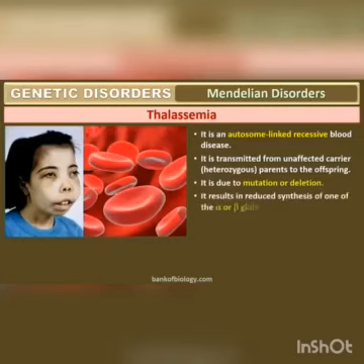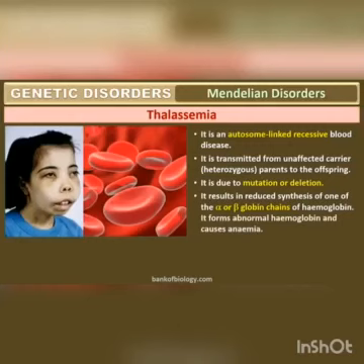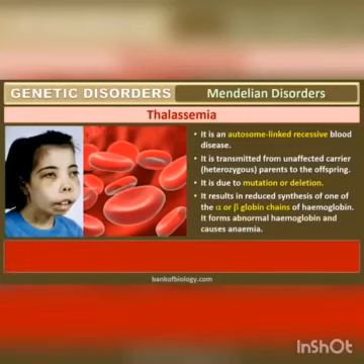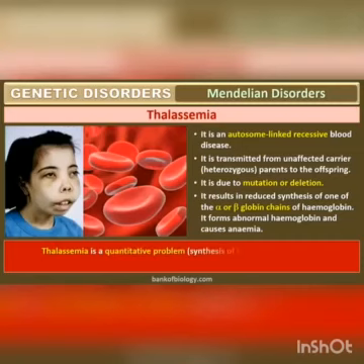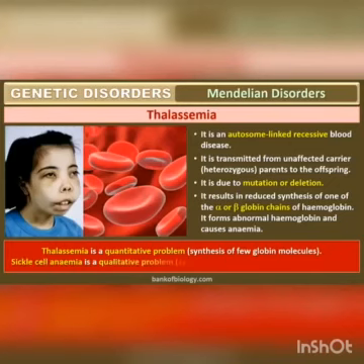Normally, hemoglobin is composed of 4 polypeptide chains, 2 alpha and 2 beta globin chains. Thalassemia patients have a defect in either the alpha or beta globin chain, causing the production of abnormal hemoglobin molecules resulting in anemia. So thalassemia is caused due to destruction of RBCs.